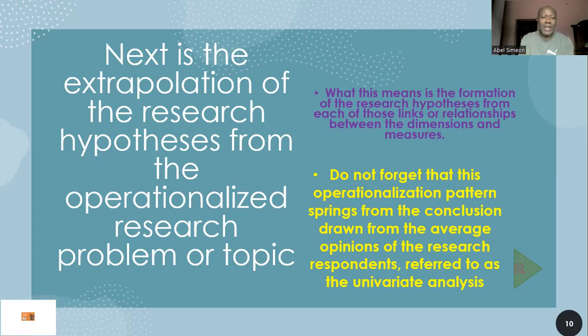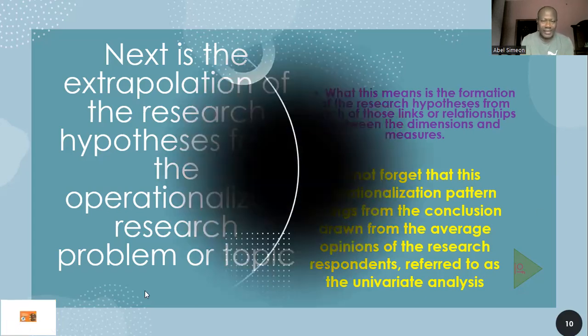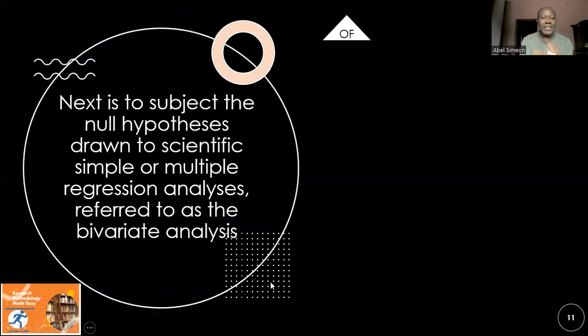Now, after doing that, you subject this hypothesis to a scientific simple or multiple regression analysis. You can refer to that as the bivariate analysis. The univariate analysis is the analysis of knowing what the respondents have said concerning the subject.